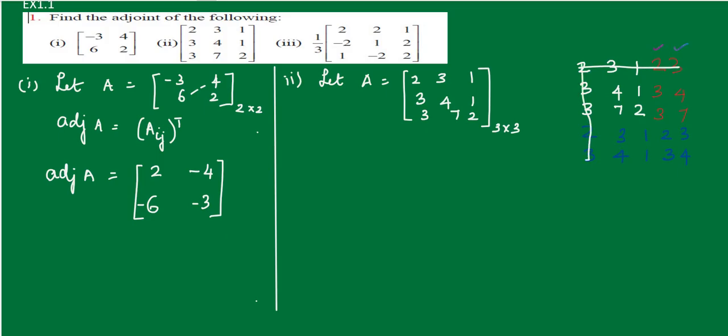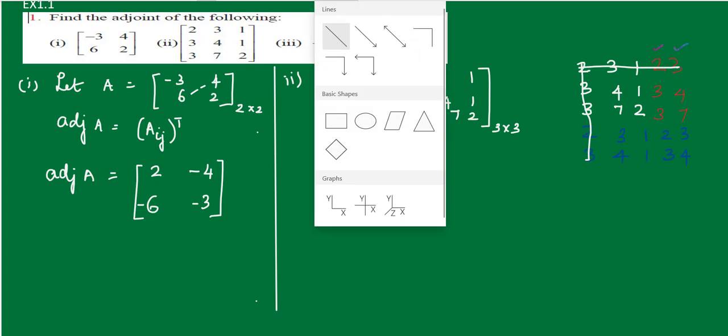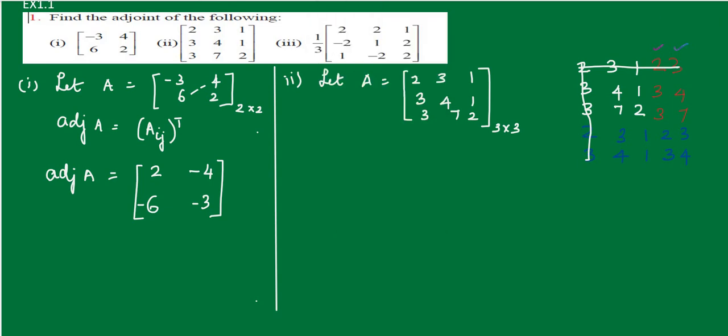We know the formula to calculate the Adj of A. Adj of A is nothing but [Aij] whole transpose. So, we will simplify the given elements column wise. How to simplify? 4 into 2, 8, minus 7 into 1.